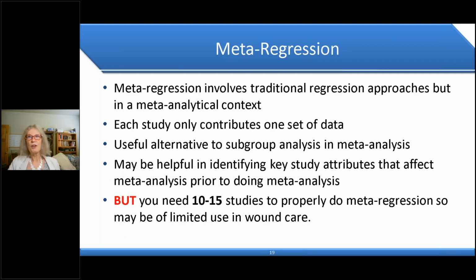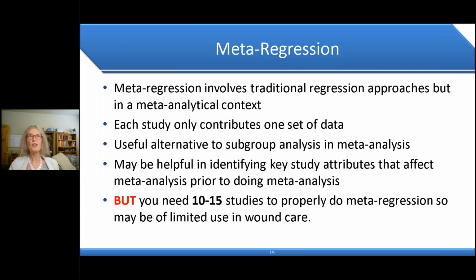We also have a companion analysis that you can do called meta-regression. So any of you who've read studies of RCTs in wound care, you can see quite commonly we adjust for the primary endpoint. If you do complete wound healing, we'll do a logistic regression, and so on. So you can think of this as a combination of traditional regression in a meta-analytical context.